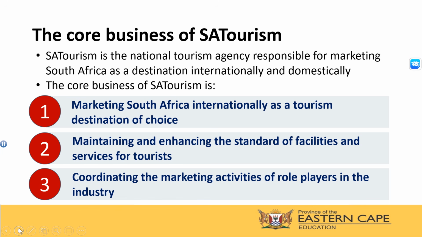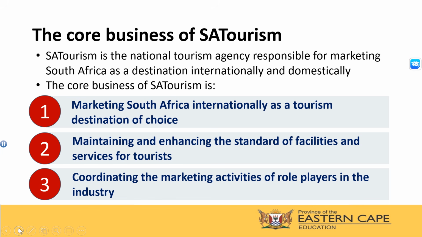We need to take a look at the specific core business of SATourism, and that is on your screen at the moment. Firstly, you have marketing South Africa internationally as a tourism destination of choice. Secondly, you have maintaining and enhancing the standard of facilities and services for tourists.